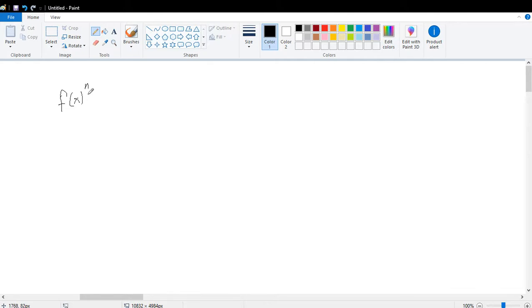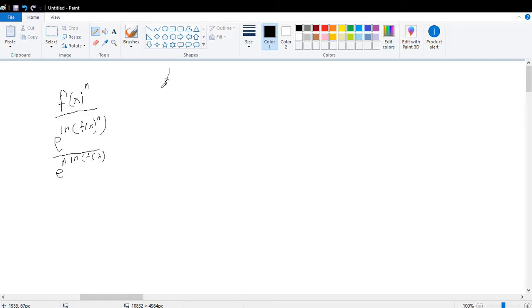Okay, so using the same method, we're going to change it to e to the ln of f of x to the n, and e to the n times ln of f of x.